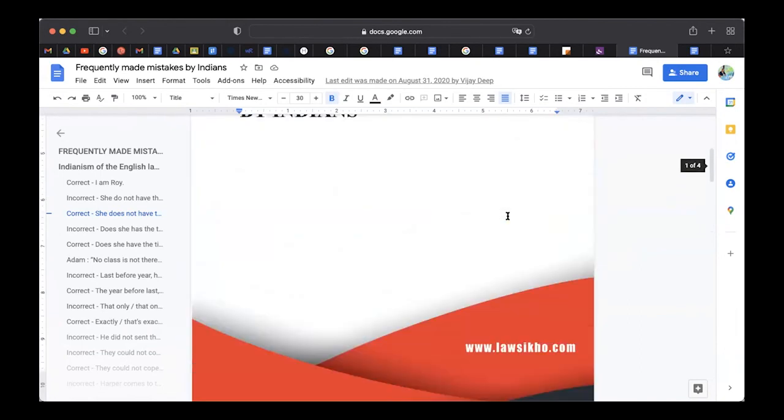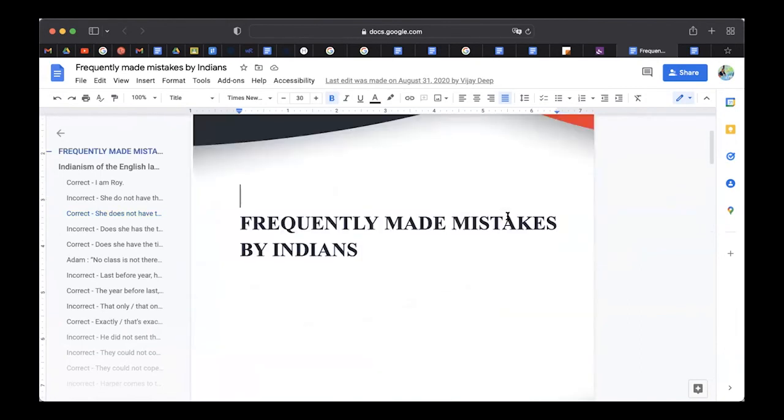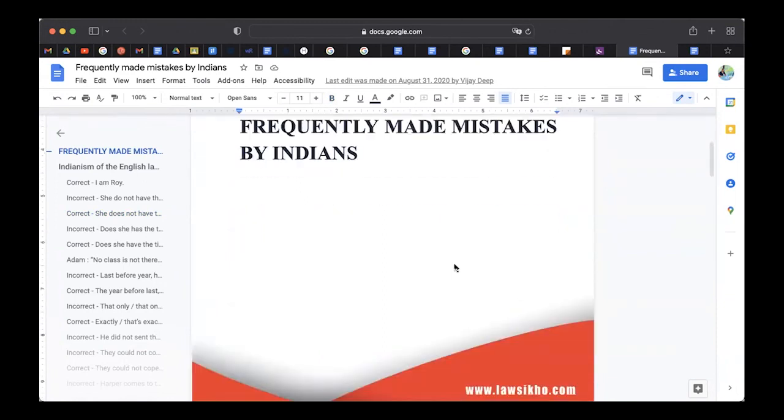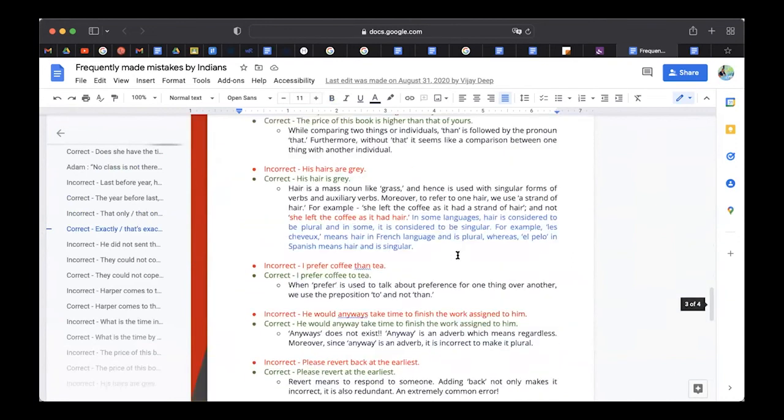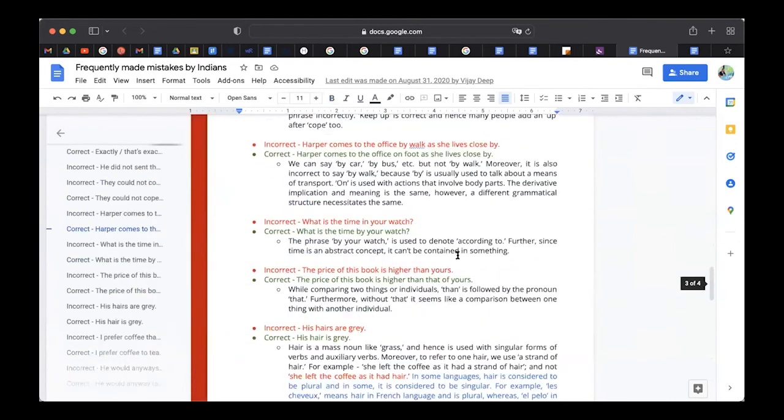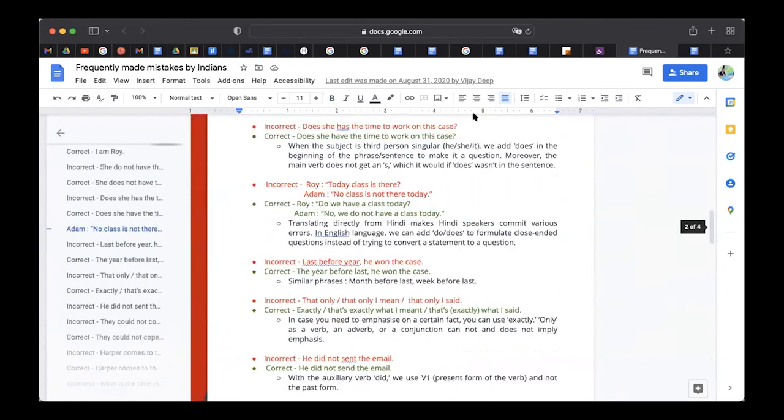Okay, moving on, Sunday we are also going to be looking at the Indianisms of the English language. That is the impact that our mother tongue influence has had on the English language while we speak it. And this document has also been uploaded, so kindly take a look before the session if you want.